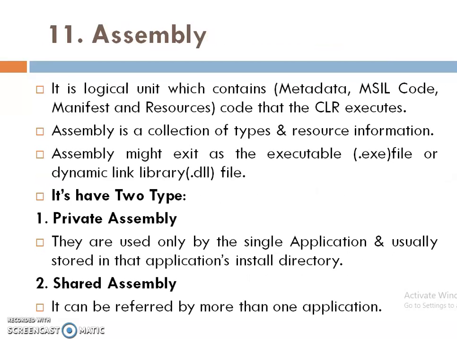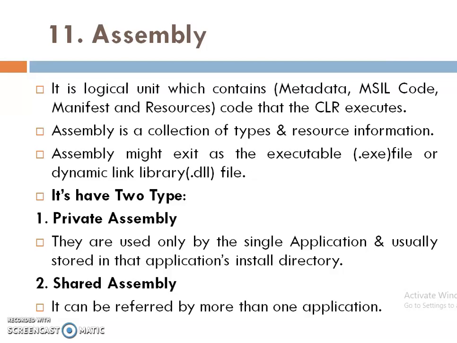And the last component is assembly. It is a logical unit which contains metadata, MSIL code, manifest, and resources that the CLR executes. Assembly is a collection of types and resource information. An assembly might exist as an executable .exe file or dynamic link library .dll file.